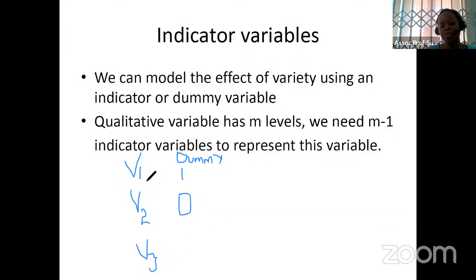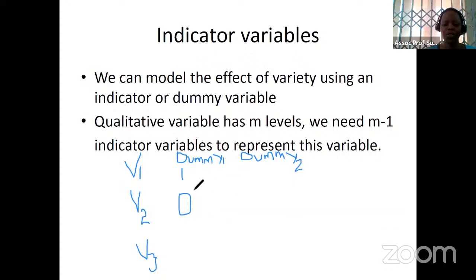That means the number of dummy variables will be 3 minus 1, giving us 2 dummy variables. So we'll have dummy variable 1 and dummy variable 2. Let's see how we write these.